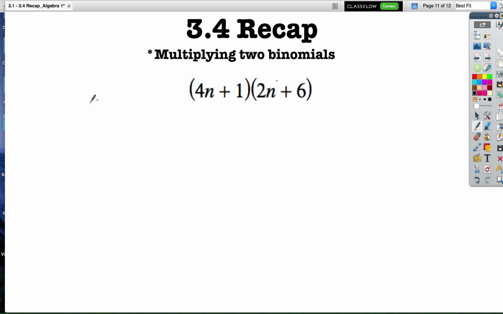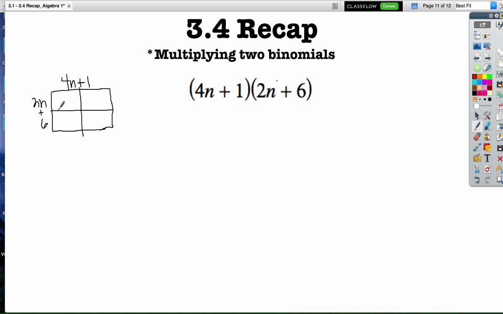We learned that we could use the area model where we had the squares, and some of us liked that, and that is still definitely an option. When we had labeled it 4n plus 1 and 2n plus 6, it's very much like the Punnett squares that you see in science, where we do each individual piece by each individual piece and write the result in that square.